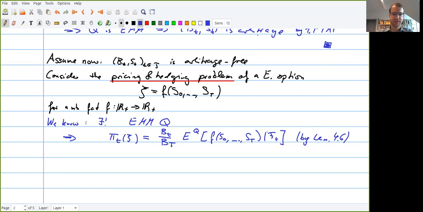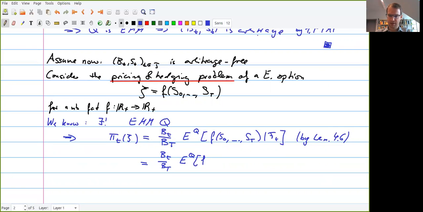Okay. And now the good thing here is, we are on a finite probability space with a very simplistic model, the binomial model, so we can calculate this conditional expectation explicitly. The first thing is what you observe here.